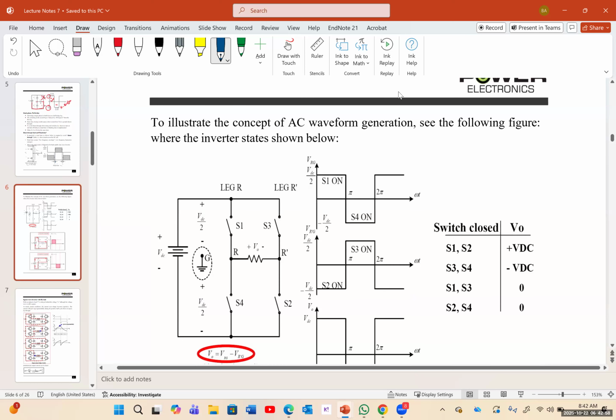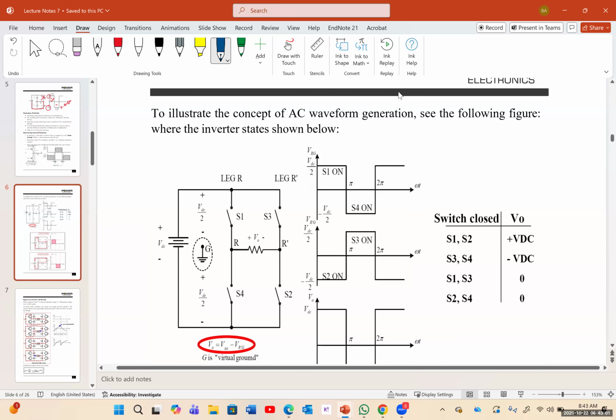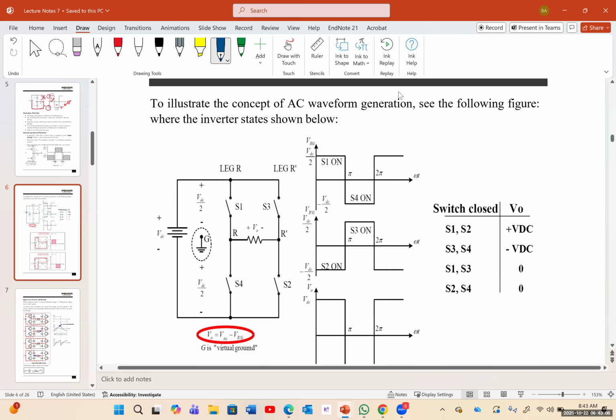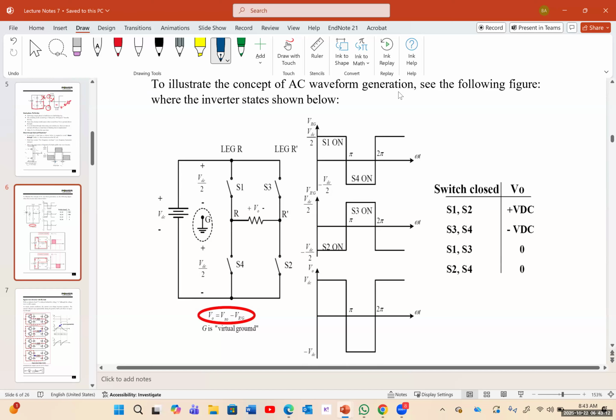Now, to illustrate the concept of AC waveform generation, we use the following figure. And where the inverter starts is shown below. So first we have the S1 and S2 switches closed. If S1 and S2 are on, then we would have a positive VDC over here, because the positive of this output is connected to the positive of the source.